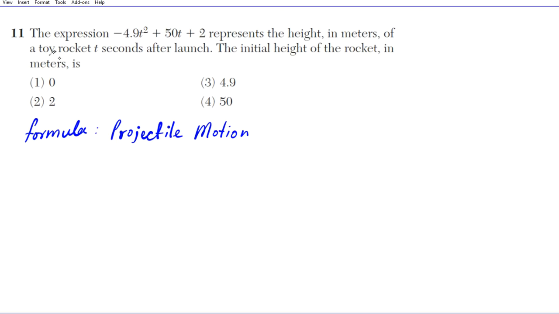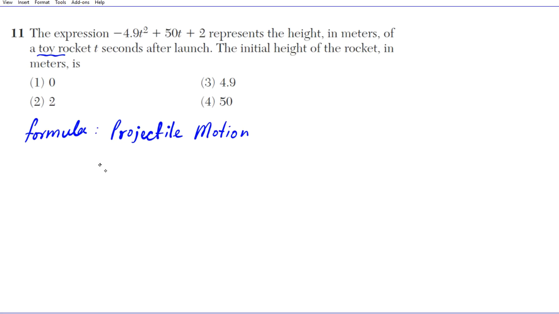For example, in this case, a toy rocket is launched into the air, so the toy rocket is basically the projectile that gets launched. When you launch a projectile close to the surface of the earth, the distance of the object from the ground when graphed against time creates a projectile motion quadratic function.